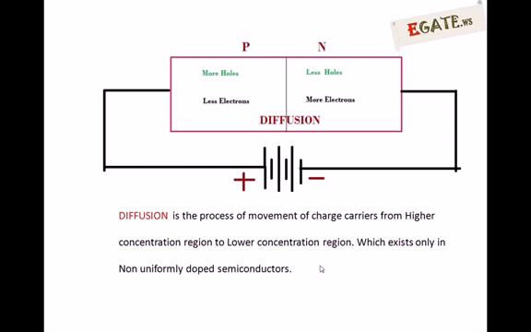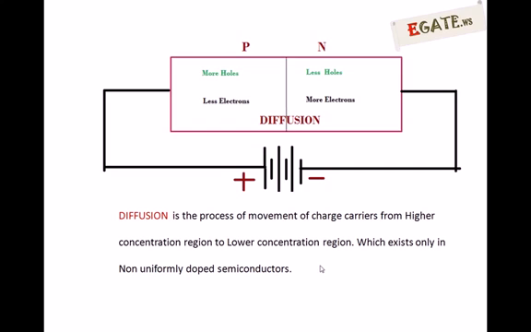Next, if you see the P and N sides, in the P side holes are majority carriers and electrons are minority carriers. So the P side will have more holes and fewer electrons, whereas in the N side, holes are minority carriers and electrons are majority carriers. So more electrons and fewer holes, as indicated.